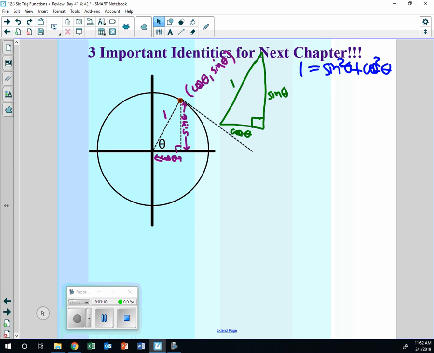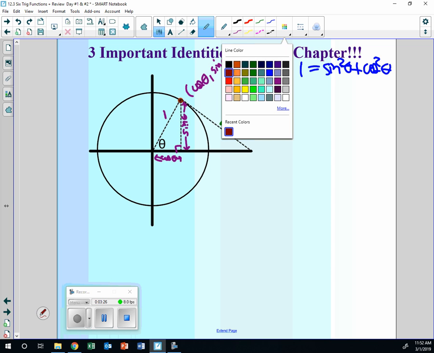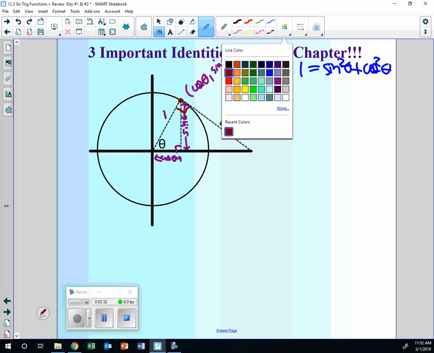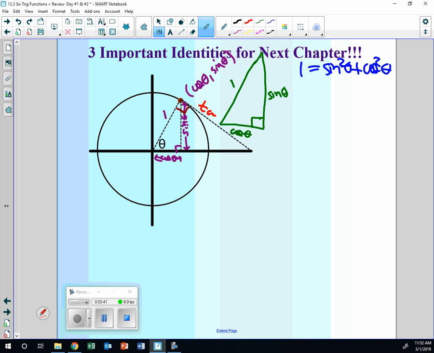I'm going to move it just a tad here. And then I'm going to take this one and move it out to here. And this is a tangent line that has, I want a different color here. Here we go. It has a right angle right here. Now, this has a name. That's got purple already. This has a name, and it's called the tangent of theta.